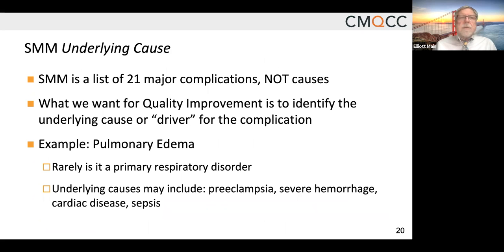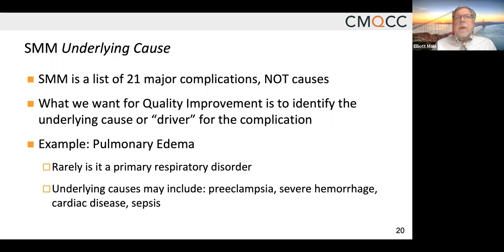I'm going to switch gears and talk for the next couple of minutes on severe maternal morbidity underlying causes. As we said at the outset, severe maternal morbidity is a list of 21 major complications, but not the causes. What we want for QI is to identify the underlying cause or the driver of the complication.